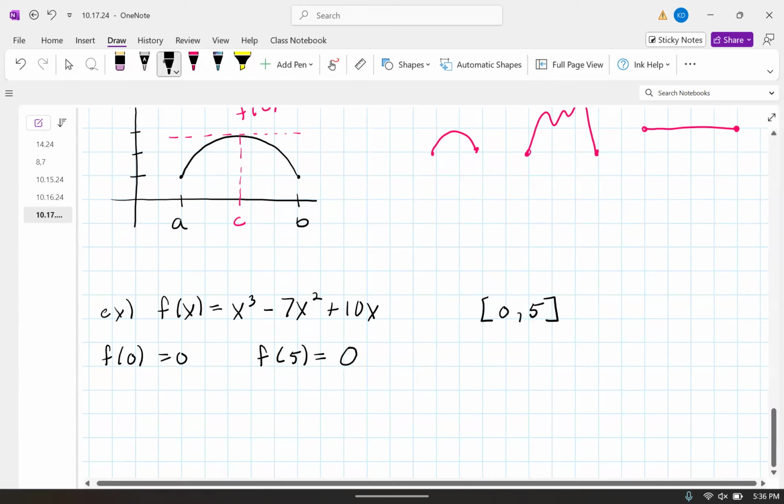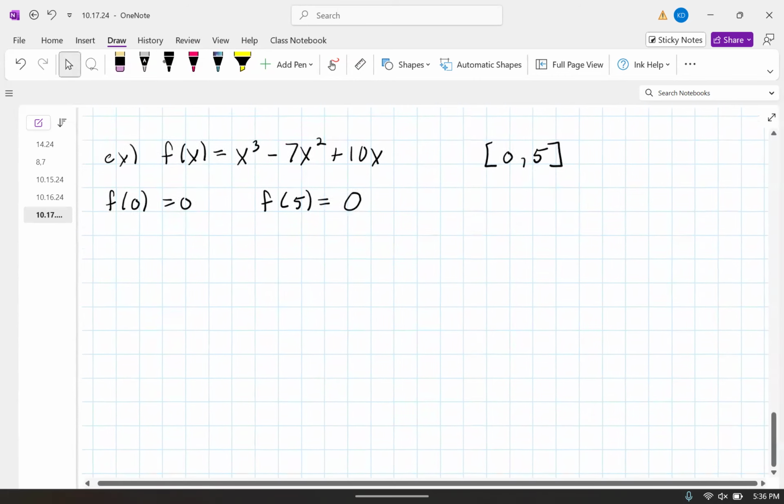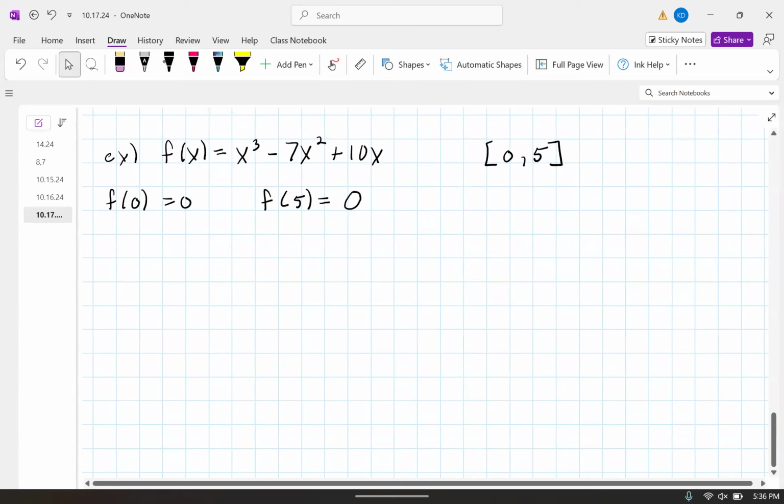Hey, it is 0. Woohoo. Kind of figured it was going to be. So Rolle's theorem says there's at least one place along this interval where we're going to get a derivative of 0. Go forth. Find me where the derivative is 0.